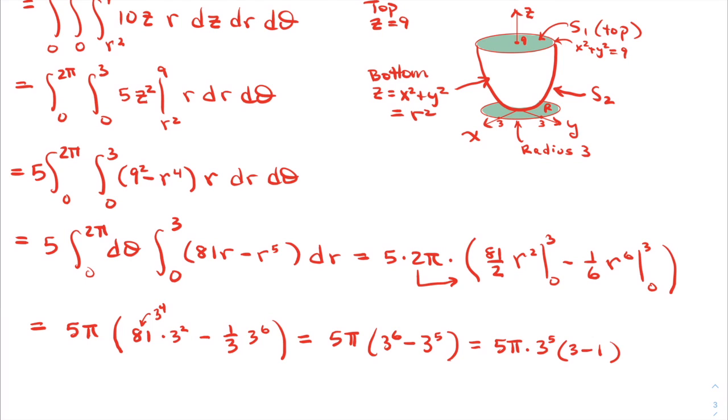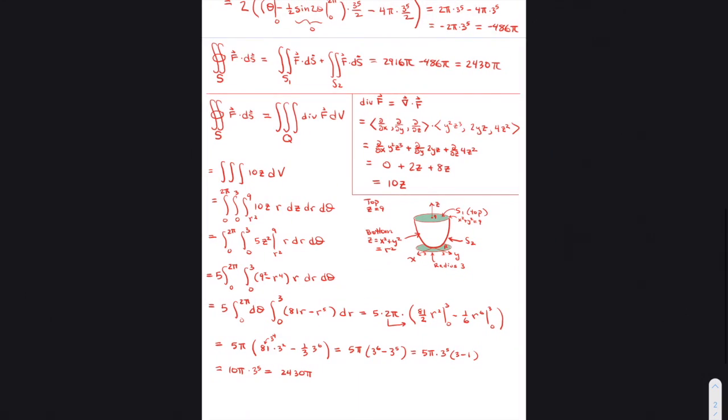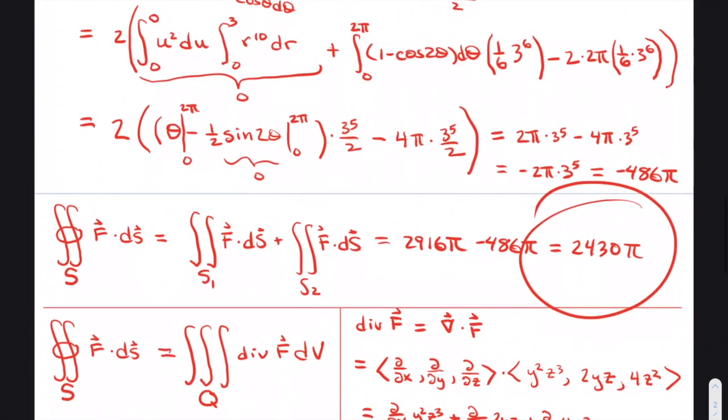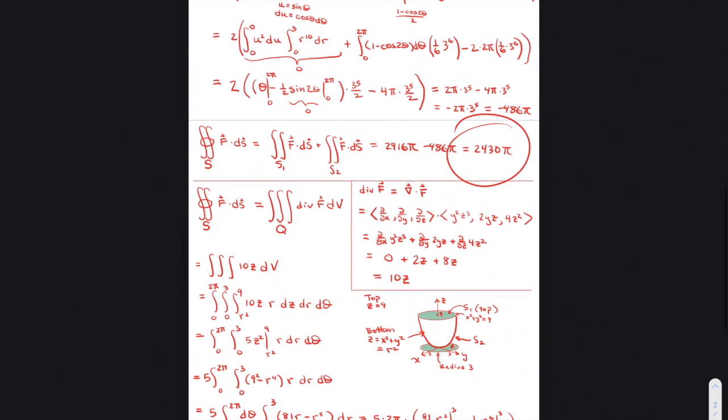So that's 2. 10 pi times 3 to the 5th. Do the math. It's 2,430 pi, which is exactly what we got up here when we did the flux through the surface.